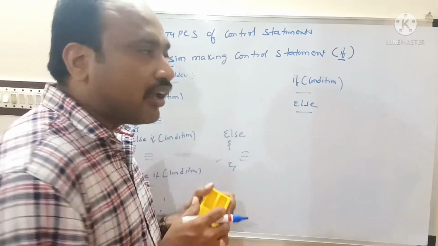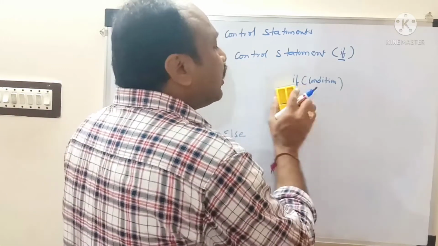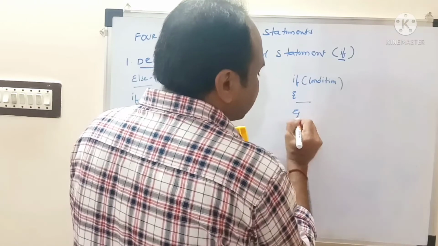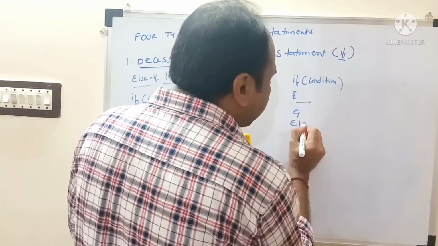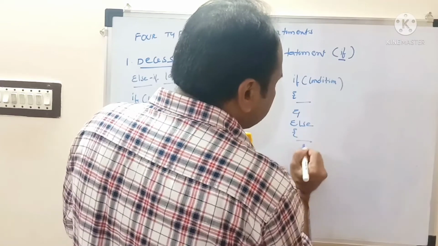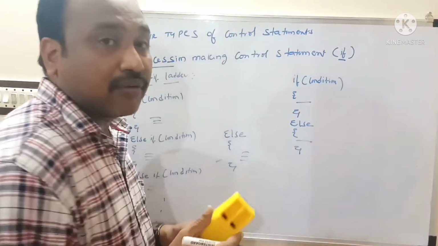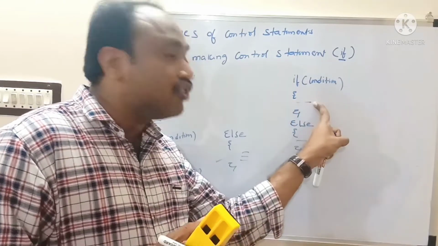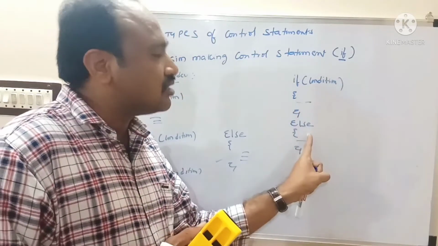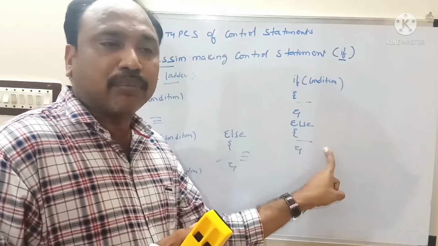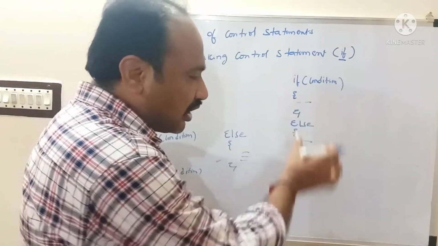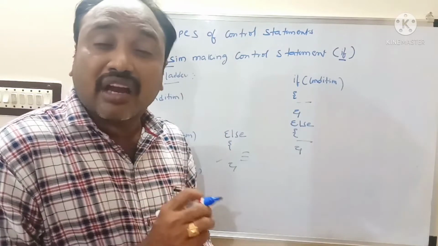But most of them will get confused. That's why it is recommended to use start and end braces even if there is a single statement in the if block and else block. For better understanding: if this condition is true, I have to execute only this statement; if the condition is false, I have to execute only this statement. If you don't use the start and end braces, some programmers will get confused.